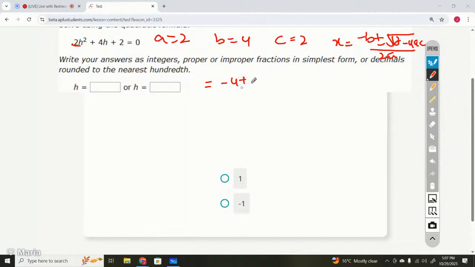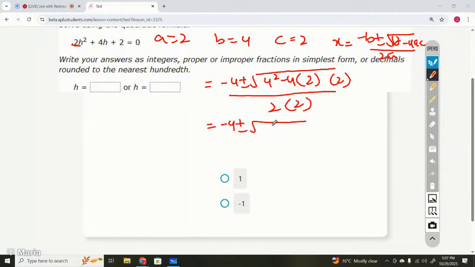So negative 4 plus minus b square, 4 square minus 4, a is 2, c is also 2, divided by 2a.